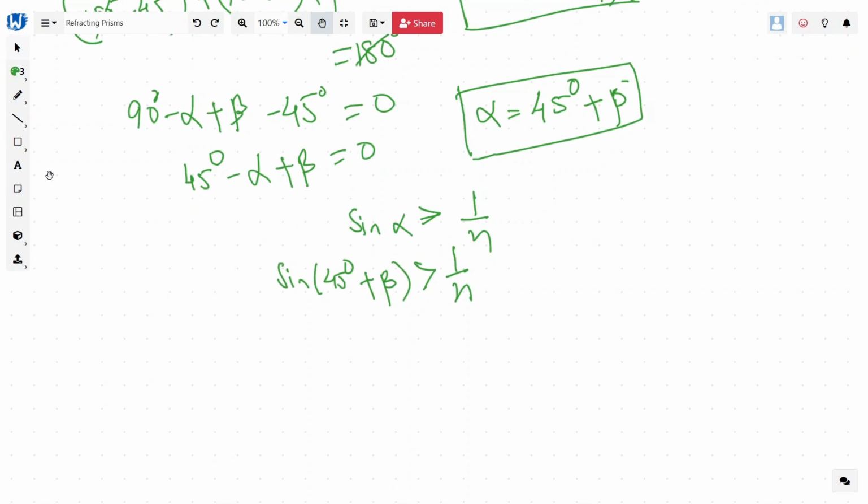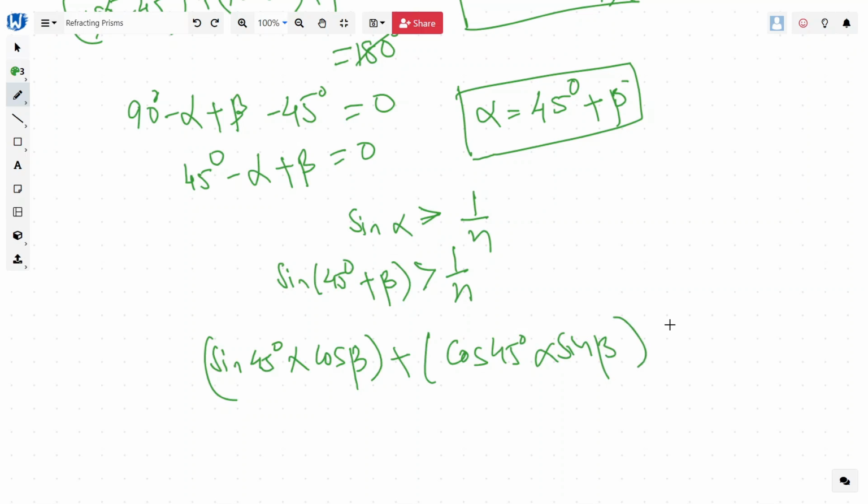Now this is where we're going to use trigonometry. We know that sine of A plus B, sine 45 cos beta plus cos 45 sine beta is greater than 1 by n.